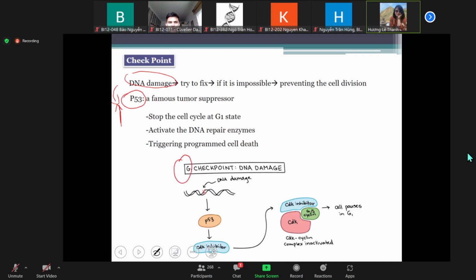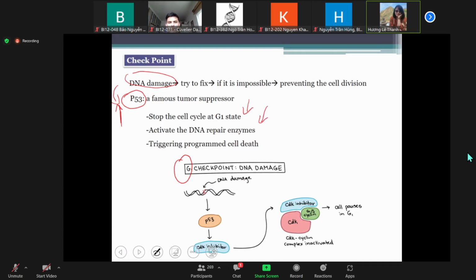So it stops at the G1, and they allow time for DNA repair to take place. The second job of P53 is they activate the DNA repair enzymes. So first, they stop at the G1, then they activate the DNA repair enzymes to repair our DNA damage.